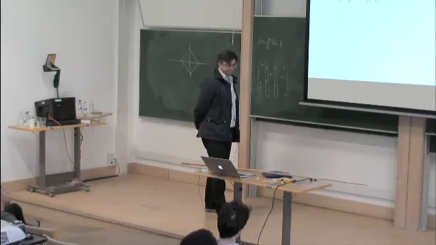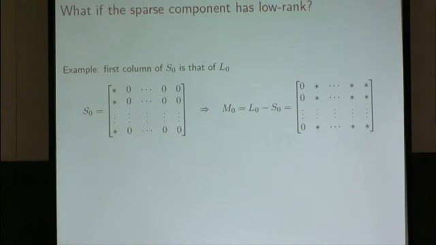Now, is this enough? No, of course it's not enough, because now let's say that we have a low rank matrix which is not well aligned with the coordinate axis. Suppose that now you're very devilish, and what you do is I prepare a low rank matrix, but Emmanuel, being very devilish, takes its first column and subtracts it.